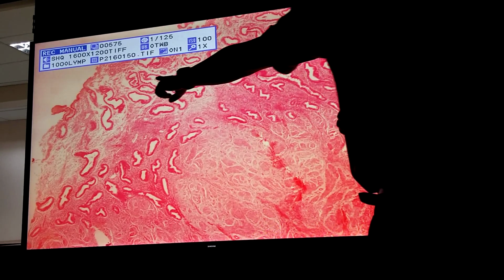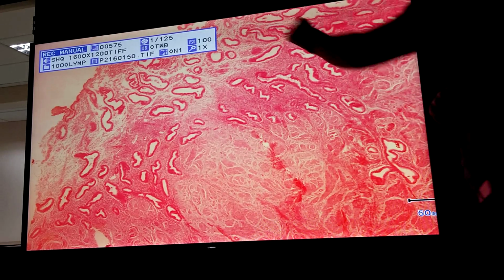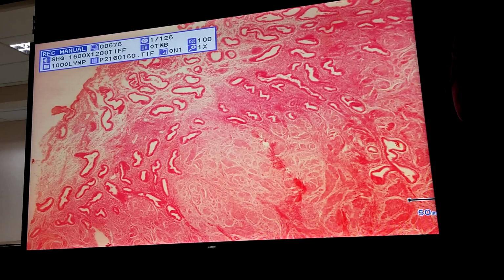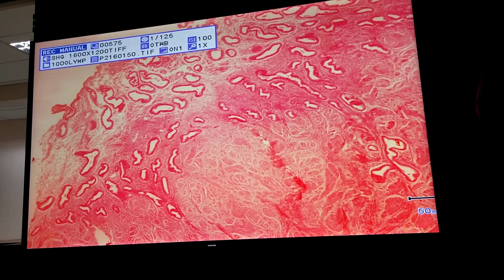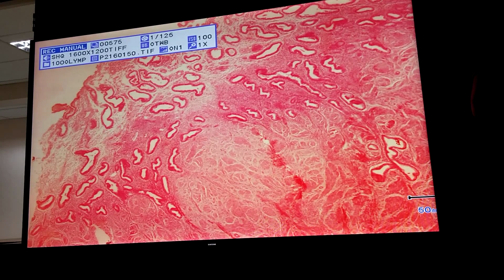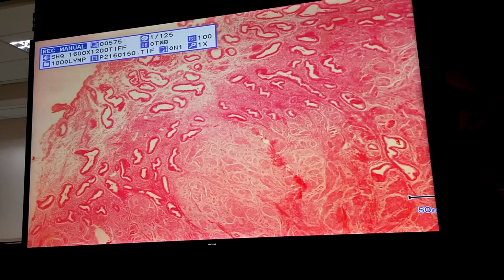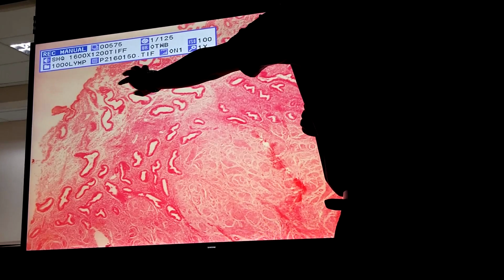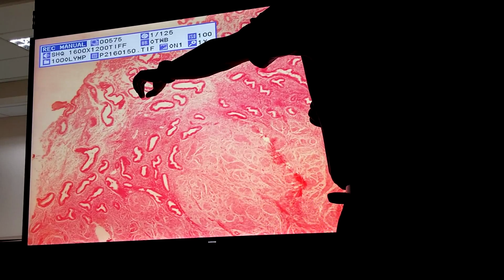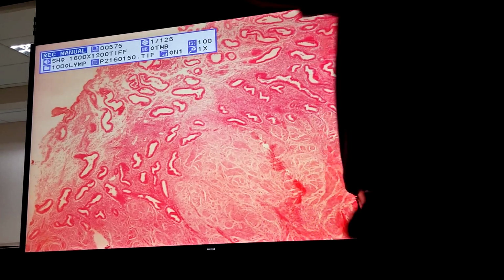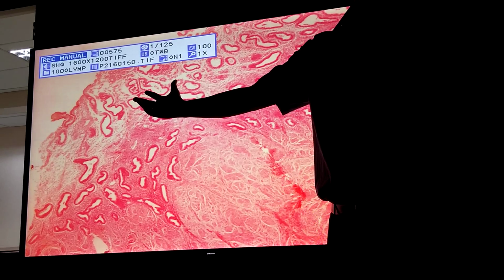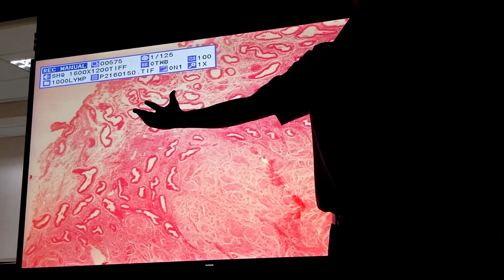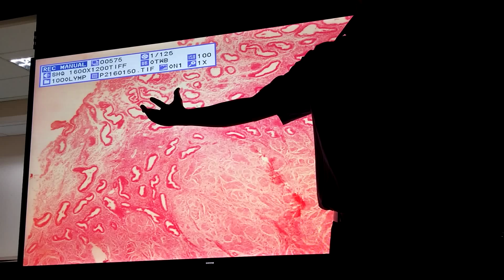Now, this is the appearance of the glands during the secretory phase. Under the influence of what ovarian hormone? Progesterone. Look at the difference in the appearance and the size of the glands in the secretory phase, which is, by the way, the functionalis will not always be in secretory phase. It will depend on the predominant ovarian hormone.